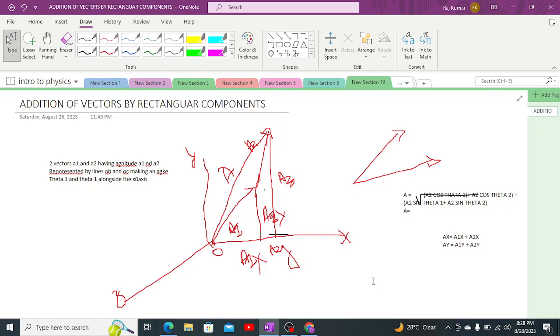Putting the values of A1x and A2x, we can write it as tan inverse of (A sin theta 1 plus A sin theta 2) upon (A cos theta 1 plus A cos theta 2).